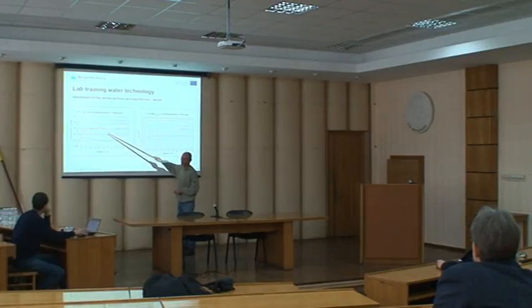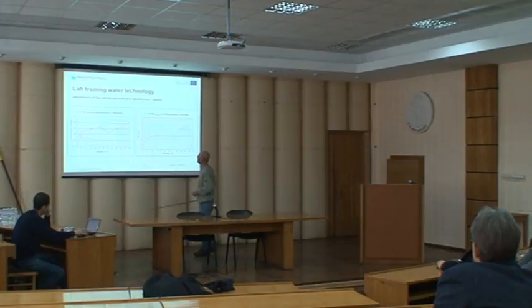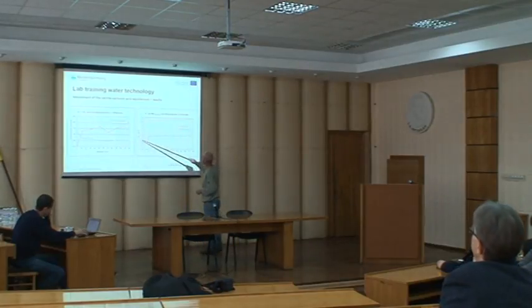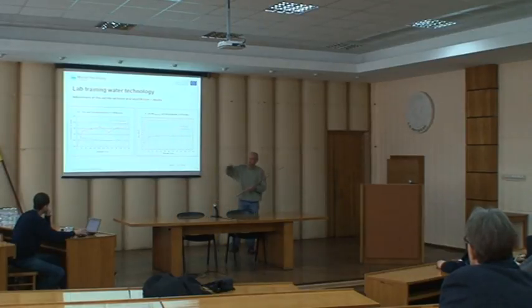Sometimes it happens that the values are not ideal, but that's life. And this is the determination of carbon dioxide. And here we have the results for the pH and the saturation index of the equilibrium corresponding to the depth of the filter.